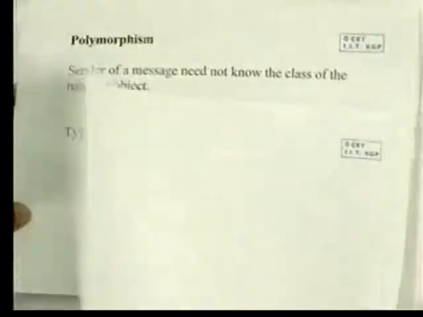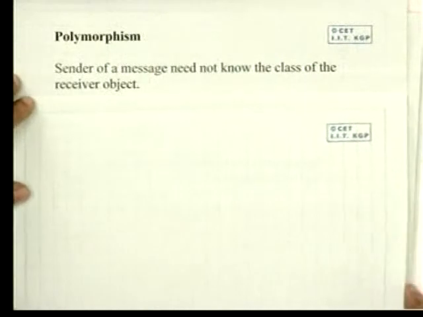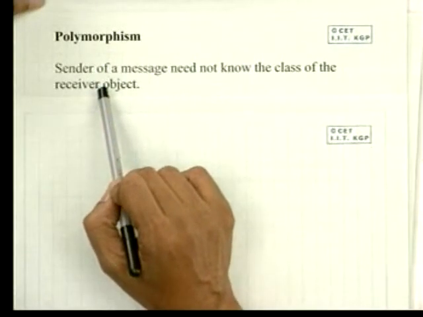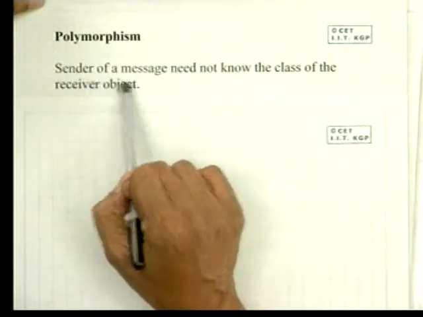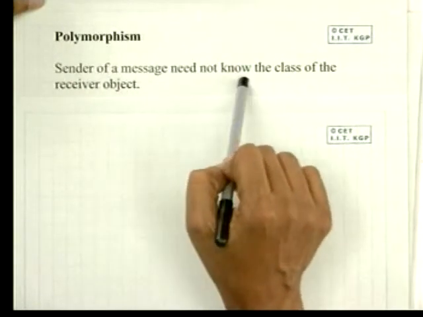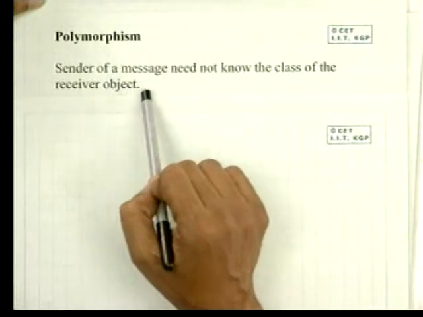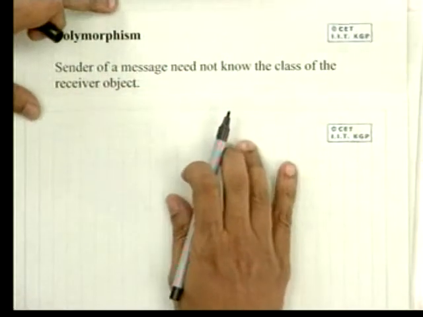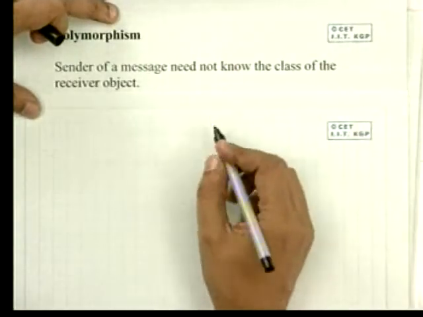So this idea, therefore, the definition of polymorphism as we mean it: polymorphism means different forms. Here the sender of a message does not know the class of the receiver object. This is very important. For instance, we had been talking earlier about the class hierarchy.